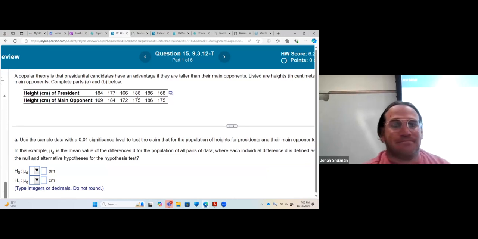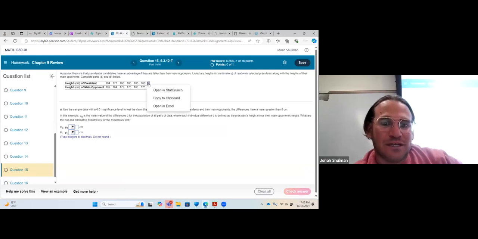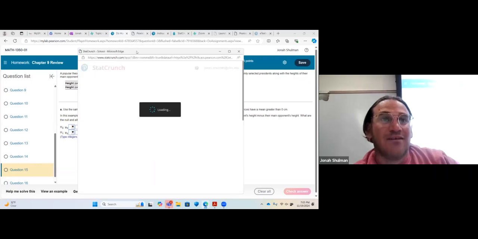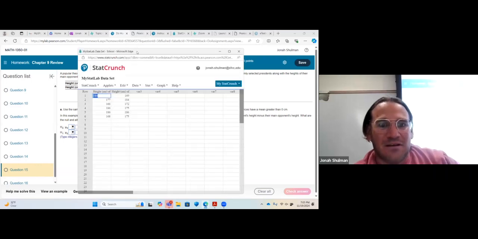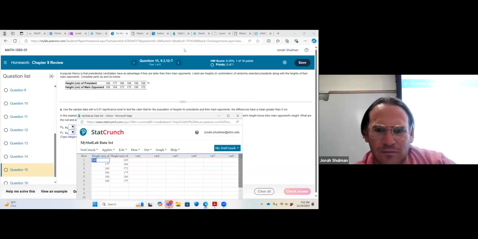Were they taller? Are we really that shallow of a people? Probably, right? So I'm going to click open in StatCrunch so I don't actually have to retype the data. Isn't that nice?